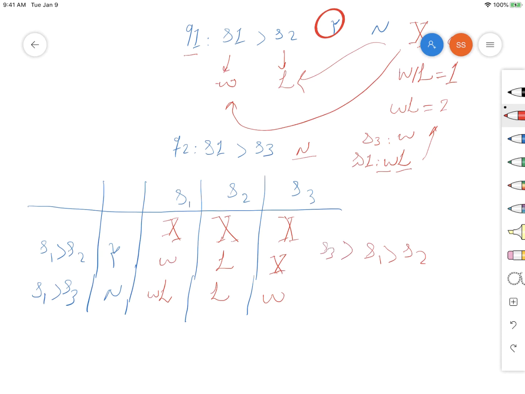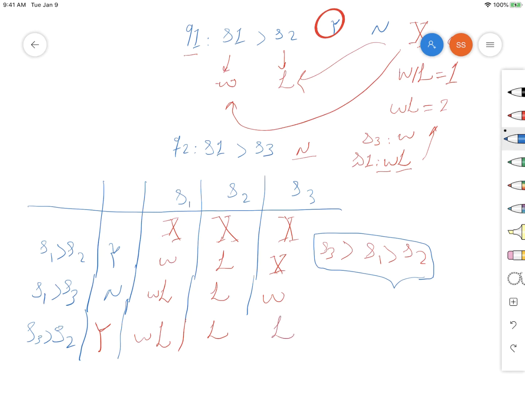So if later we ask, for example, whether S3 is greater than S2 or not, then the answer cannot be no, because it would be inconsistent with what we learned so far. The answer must always be yes. So here there is no change in the status of S1, S2 is still a loser, and the status of this one is still L.